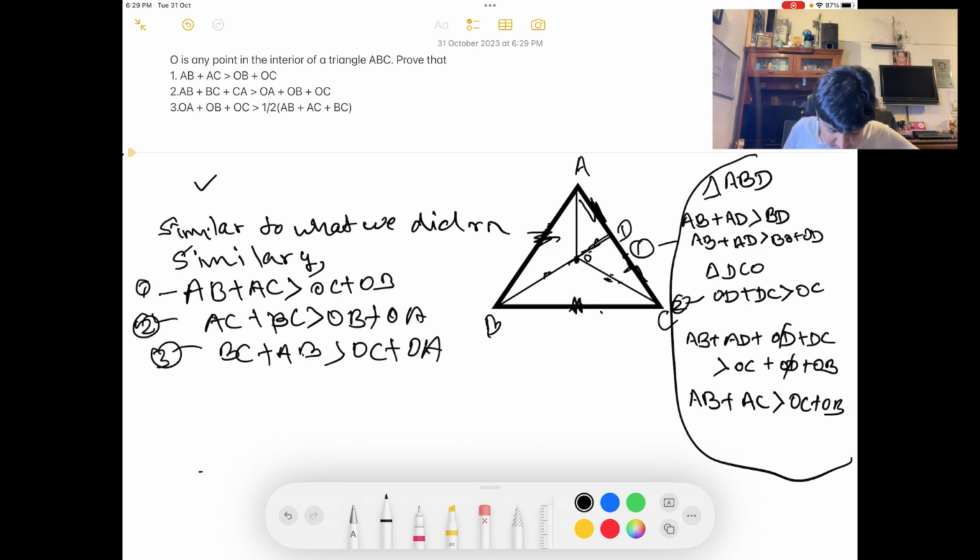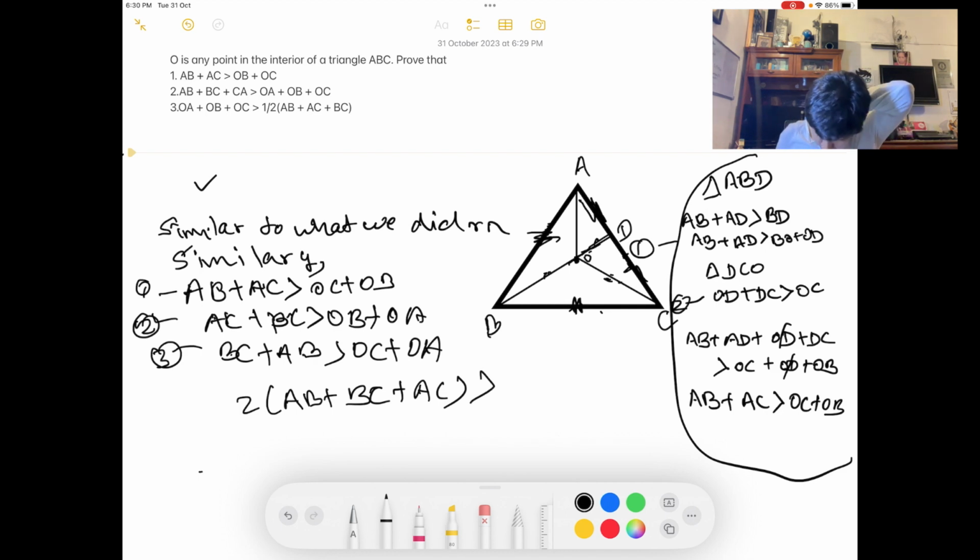So we can see there are two ABs, so 2AB plus two BC, so 2BC plus two AC is greater than two OCs plus two OBs plus two OAs, right?